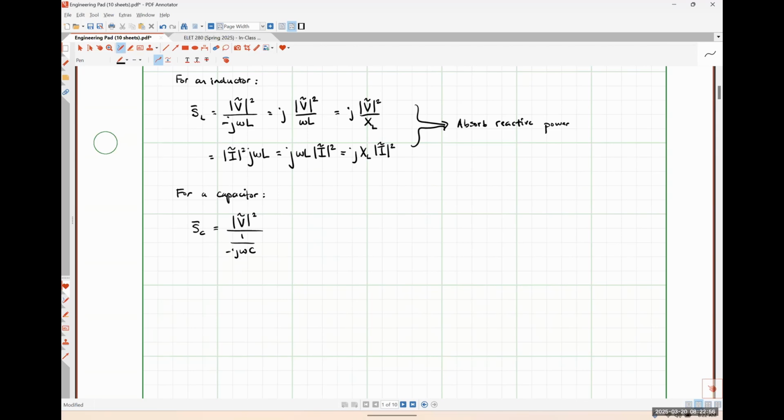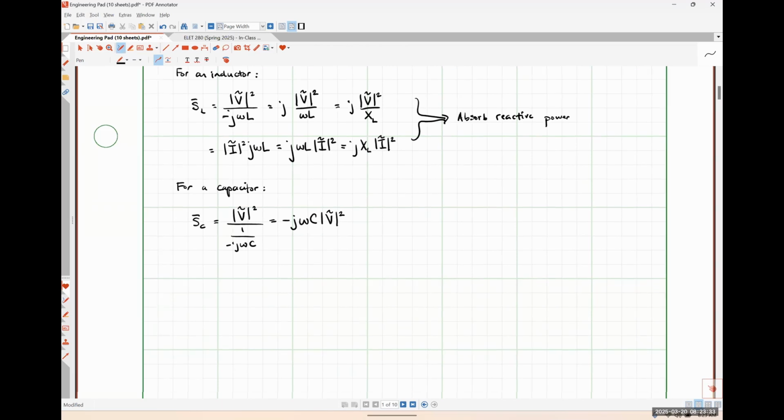So I have essentially a factor of 1 over 1 over negative J. So that's going to look like a negative J up in my numerator, okay? And I have a 1 over 1 over omega C, which is going to look like a factor of omega C in my numerator as well. So I'll have negative J omega C times the magnitude of my voltage squared.